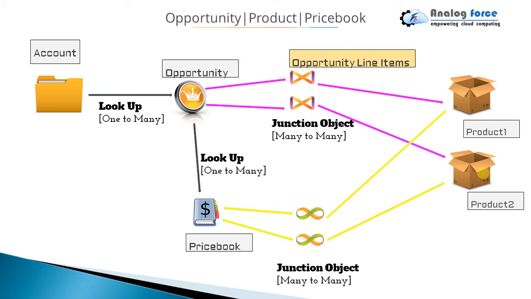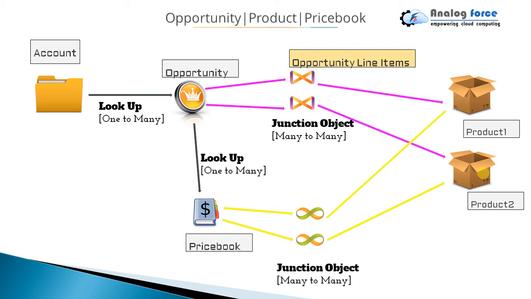More or less the same thing happens with a price book. How is a price book related to a product? A particular product might have two different prices for two different regions, seasons, or events, which is more or less the price book.